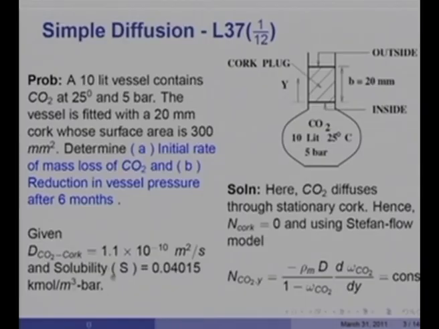We shall use this value of S to determine what the inside mass fraction of CO2 is. The outside mass fraction, of course, is 0. So, let us begin our solution.